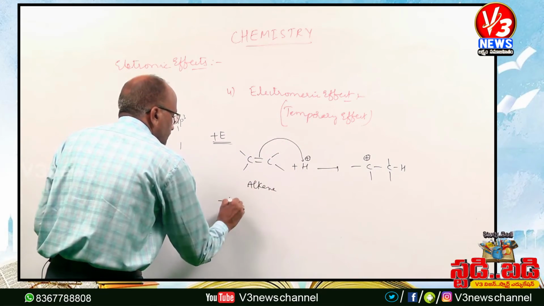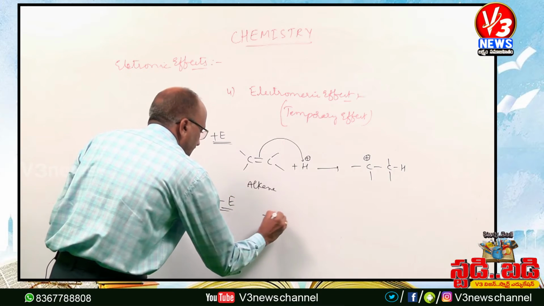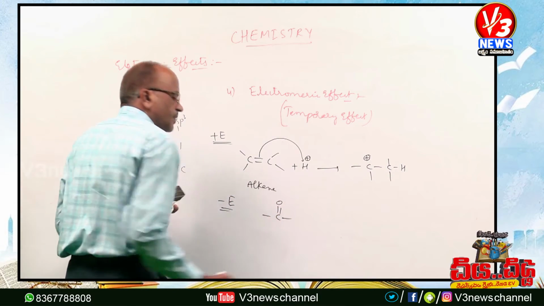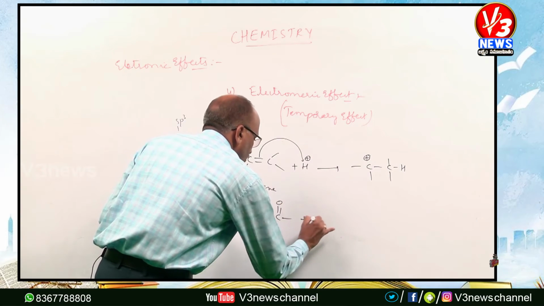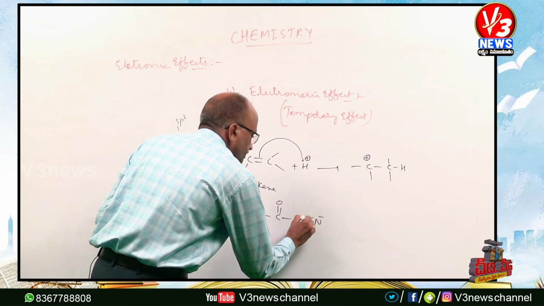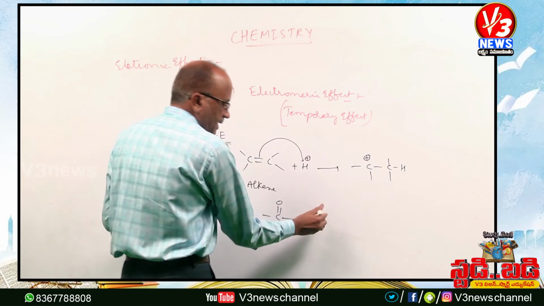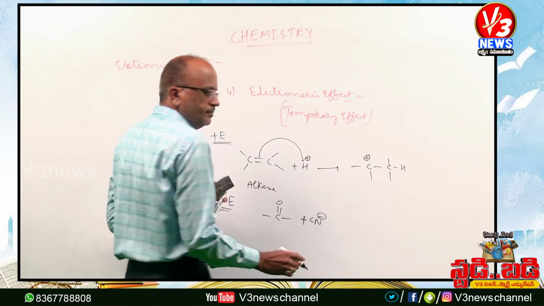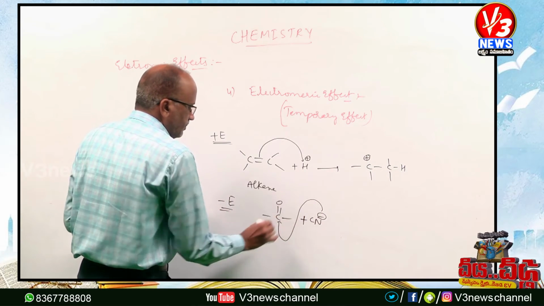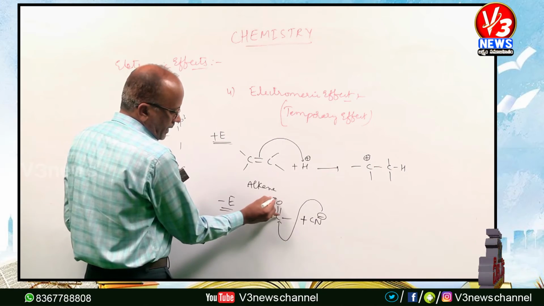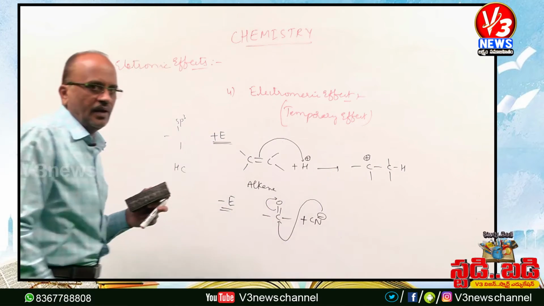If the electron pair is moving away from the attacking agent, then it is called the minus E effect. For example, if we take a carbonyl compound, that is a ketone or an aldehyde, in reaction with a nucleophile, say cyanide ion. Cyanide is rich in electrons, negatively charged. So when it is attacking at this carbon, this pi electron pair is shifted away from the carbon.